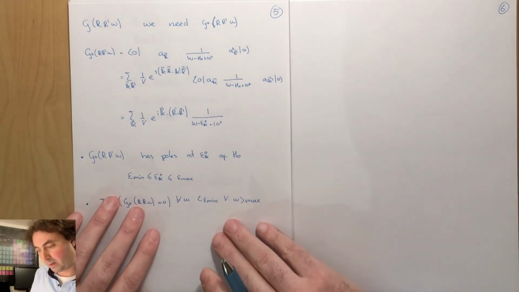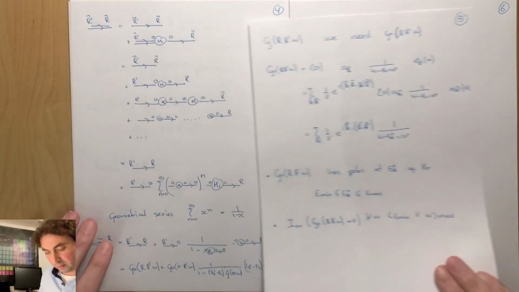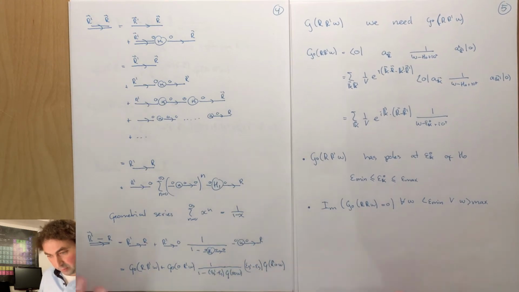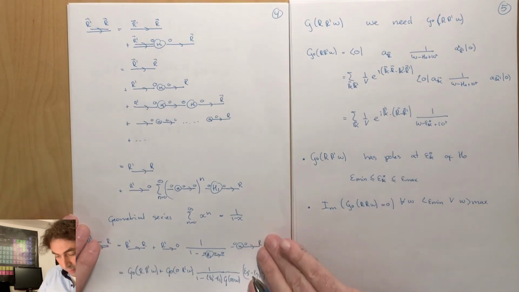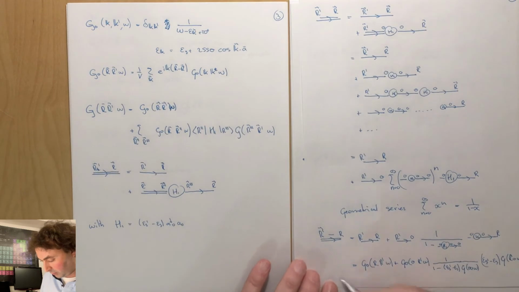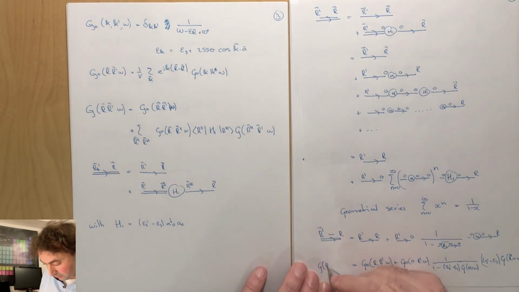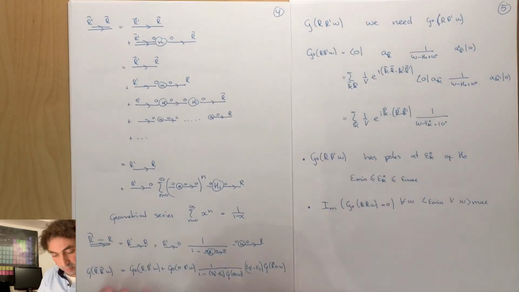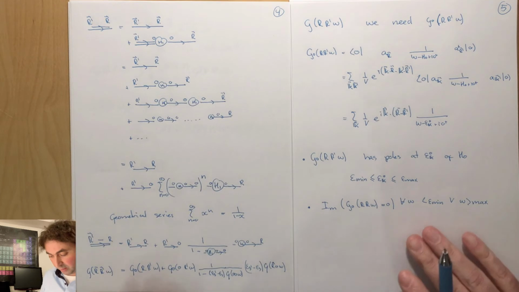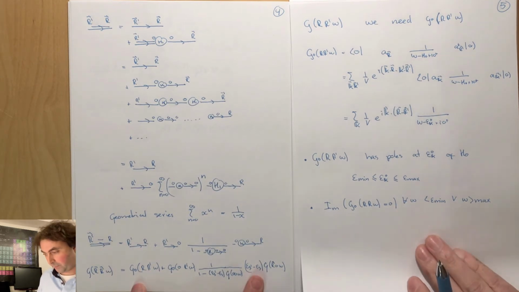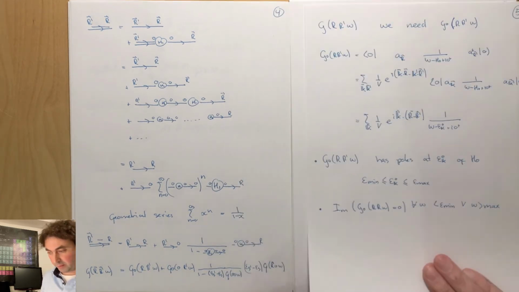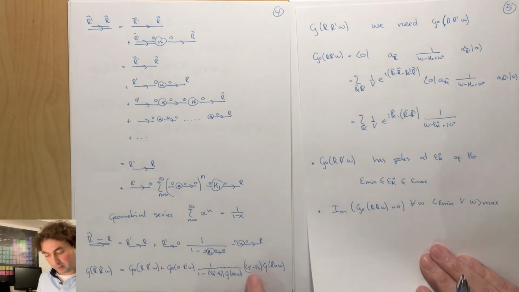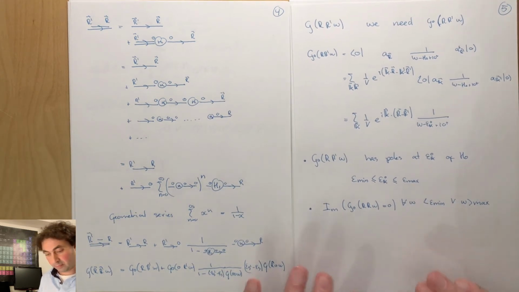So if we look at our Dyson equation, then that relates the full Green's function, where we propagate from r prime to r, to the bare Green's function, where we propagate from r prime to r, but now in the Hamiltonian given by h0 and additional scattering centers.